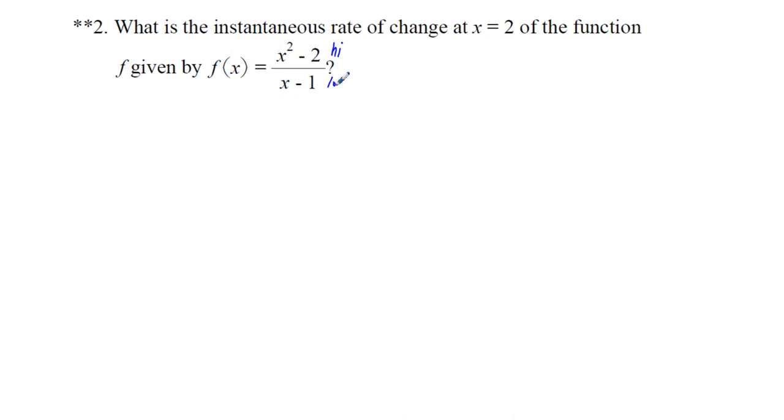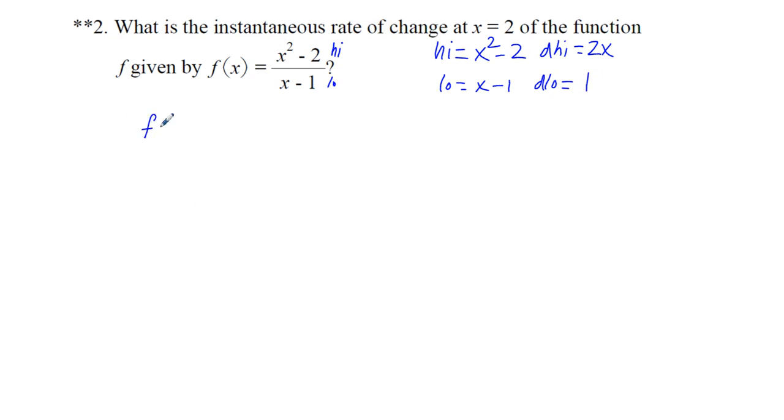Low is going to be our denominator down here. So at the right, we say high is equal to x squared minus 2. D high is equal to 2x. Low is equal to x minus 1. And d low, the derivative of x minus 1, is 1.